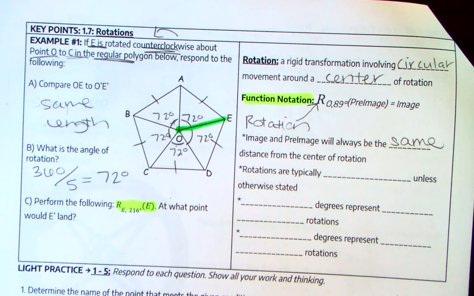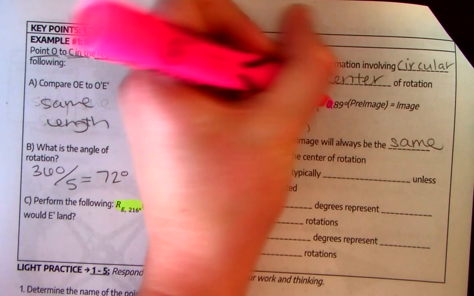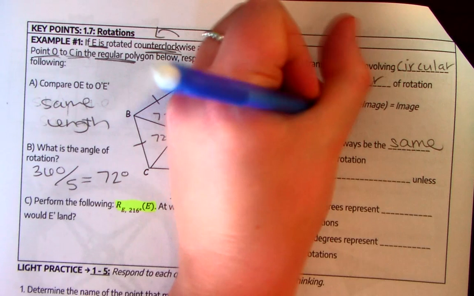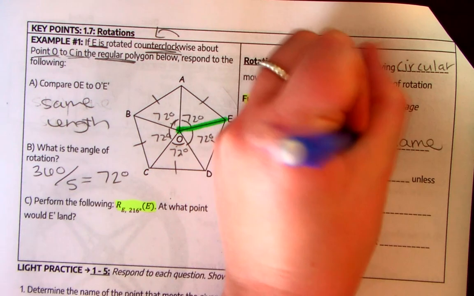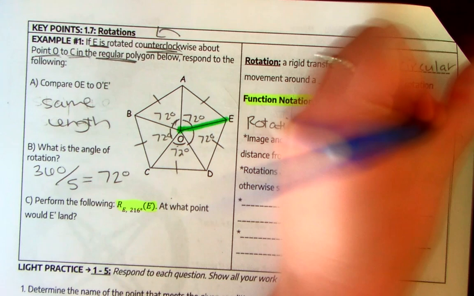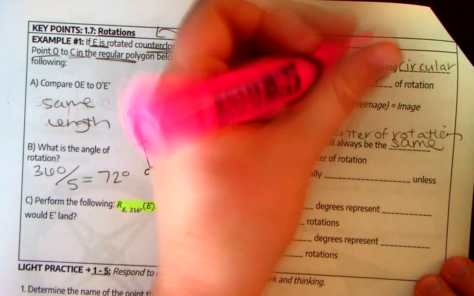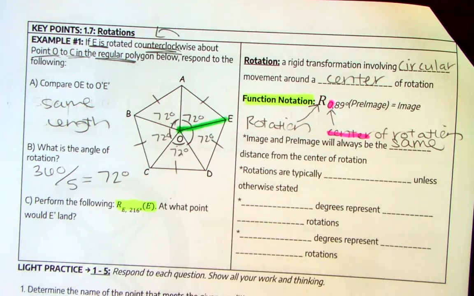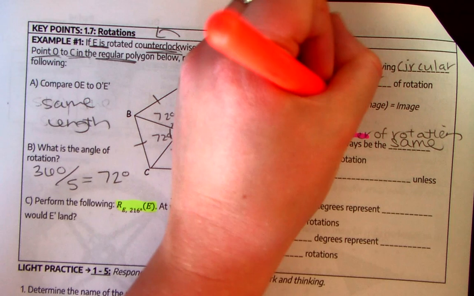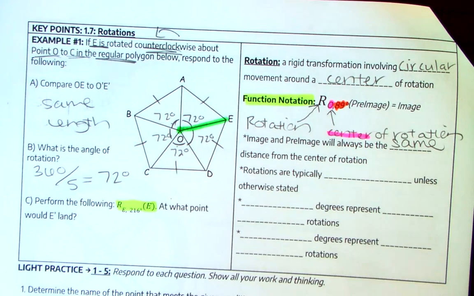Then, I want you to notice there are 2 pieces of information here. There is an O, a letter, that is the center of rotation. What place, what spot are we spinning around? And then the second piece of info is a number with degrees.